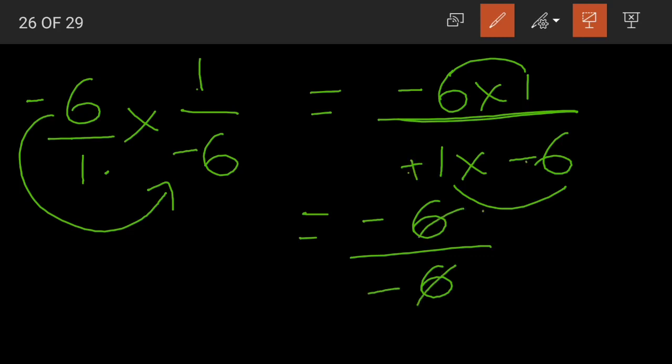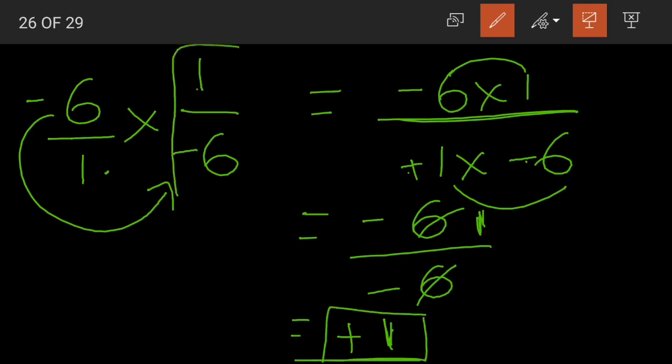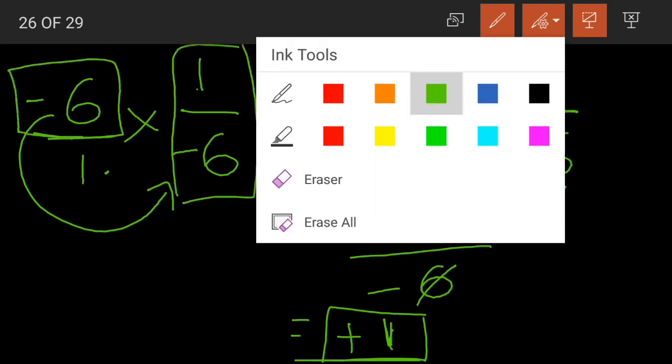Here, we know that 6 1s are 6. Coming to the signs, both the signs are same, so the answer will be positive. And the quotient here we got is 1. Now, what is the answer? We got 1. So, we can say that 1 by minus 6 is the multiplicative inverse of minus 6.